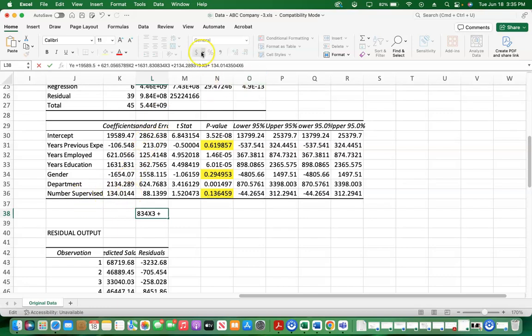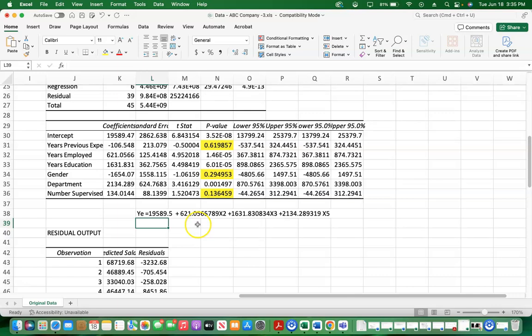And the number supervised. So we could actually leave the variables that are significant. We have 3 of them. So we have years employed, years of education, and department.